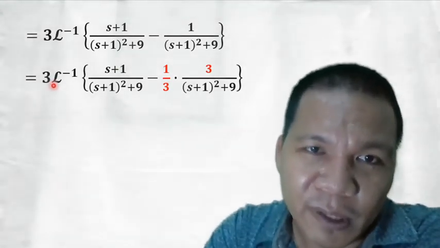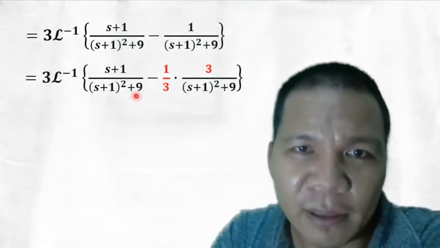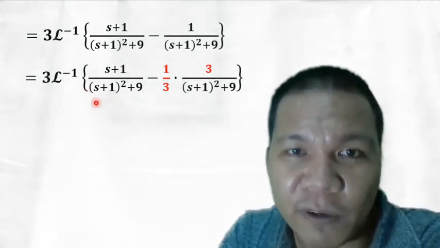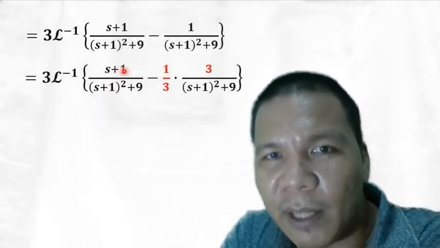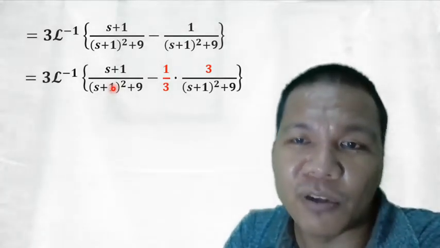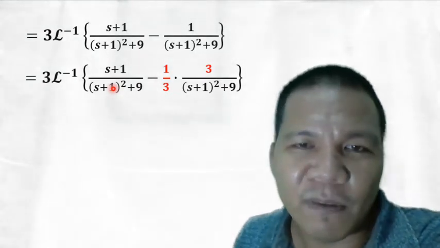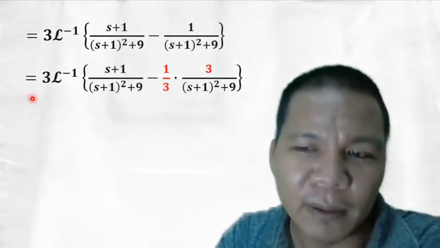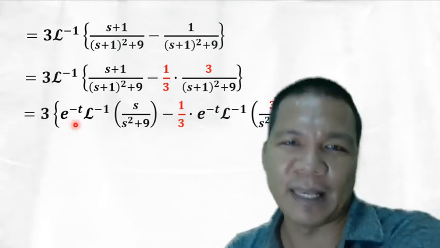Now, if we distribute the inverse Laplace transform to each term and then take out the amount of shift by 1 unit, so if we take out 1 and 1 here, that becomes an exponential function outside the inverse Laplace transform sign. So we will take out 1 and then that becomes e raised to minus t.